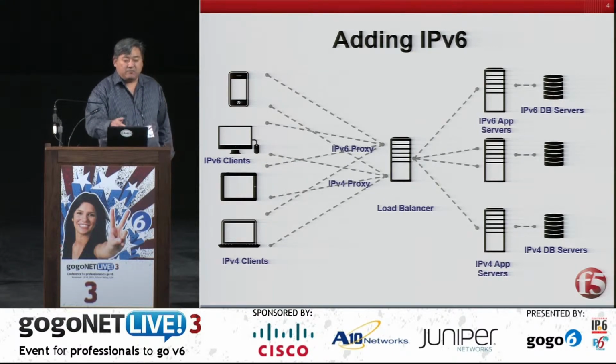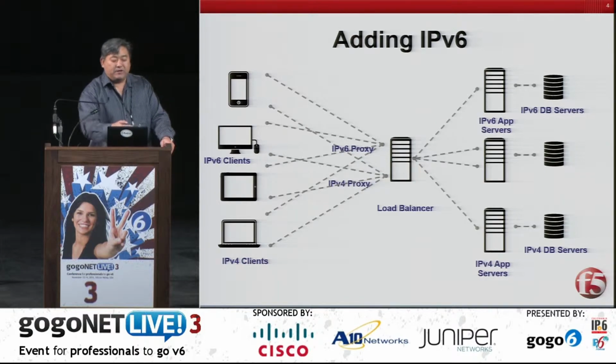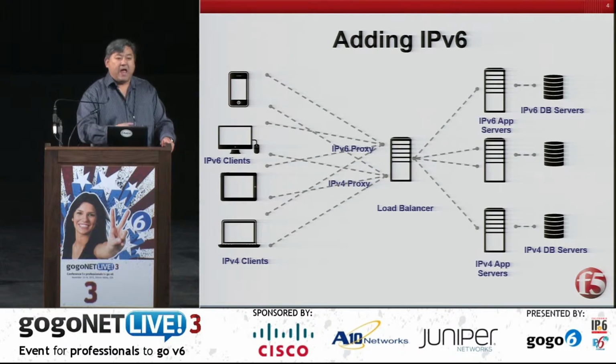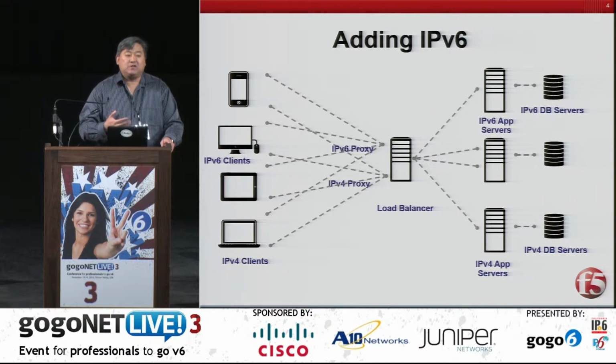You've got that same load balancer that you have before. You still have the IPv4 proxy that's facing the outside, but now on top of that you put in an IPv6-facing address and a proxy, and you're connecting to the same back-end resources that you were before. Now, you can also, over time, add IPv6 resources on the back end, and perhaps this gives you a migration path to eventually swap out, and then you're completely IPv6 slowly over time.